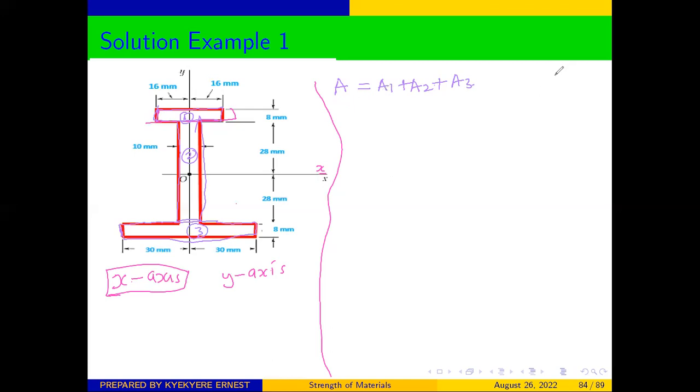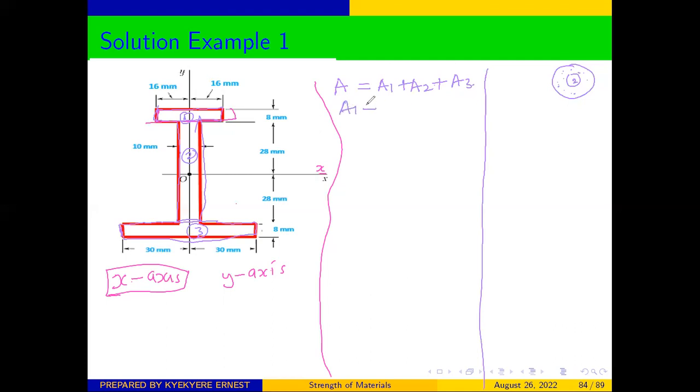For example, if I have a structure like this and the center is cut off, and I make the outside my area 1 and this my area 2, because this is cut off, the area is going to be negative. Take note of that.